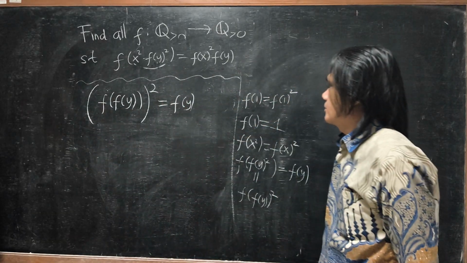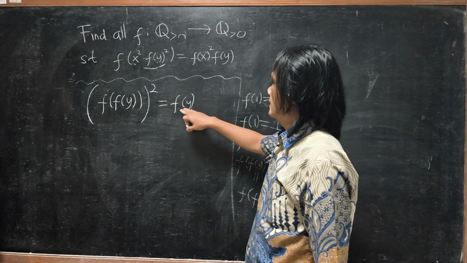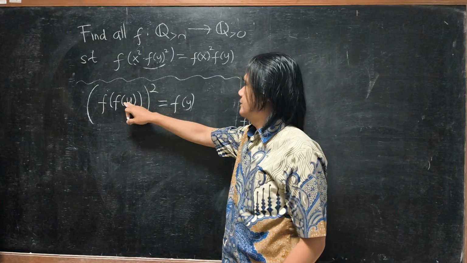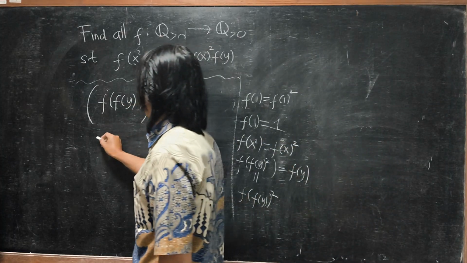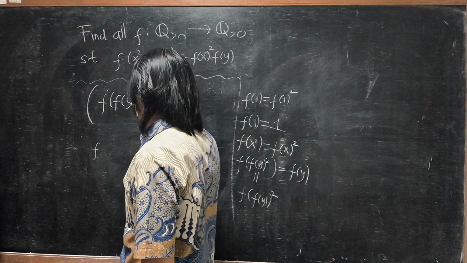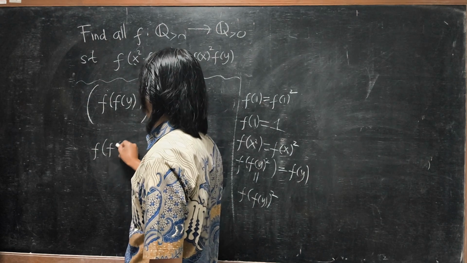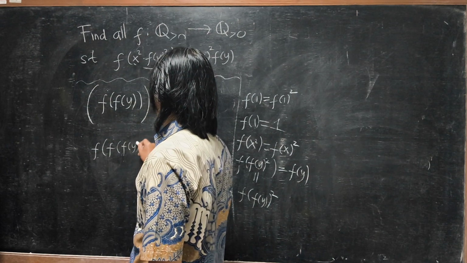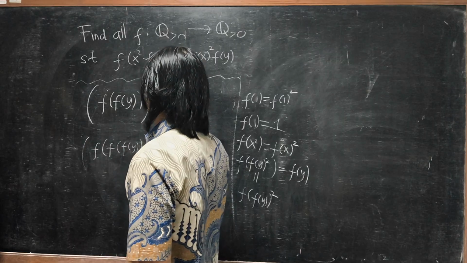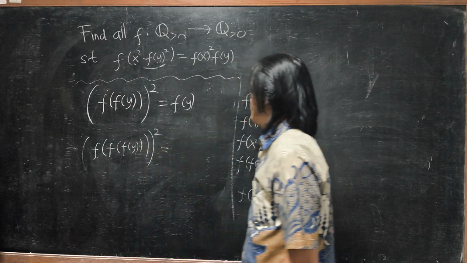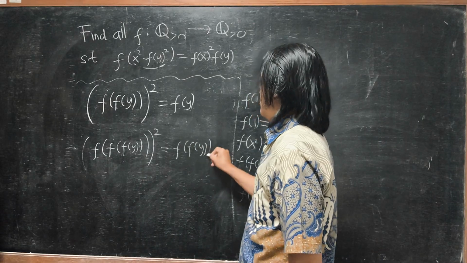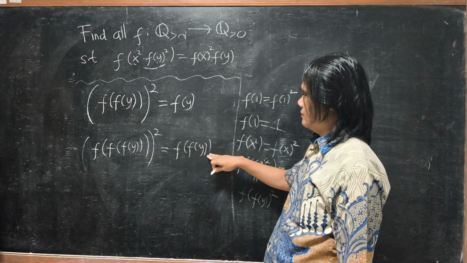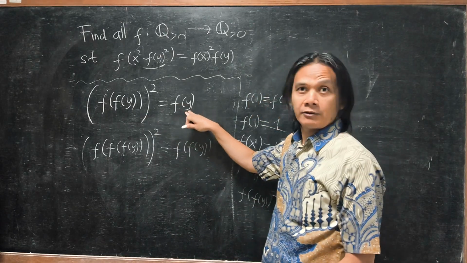All right, so now what do we get if we replace the y itself with f of y? We have f(y) squared is equal to f of f(y). But before, if we square this expression, we get f of y.